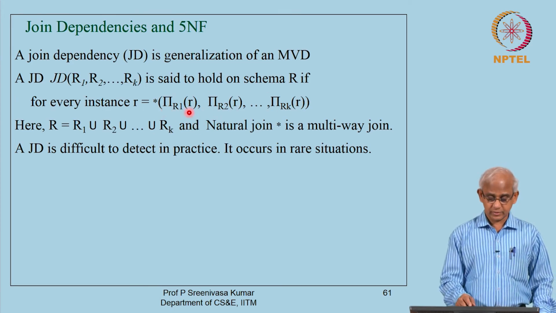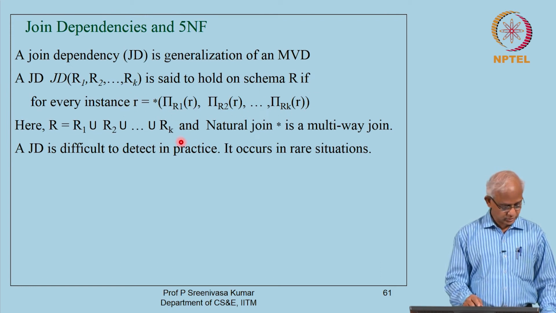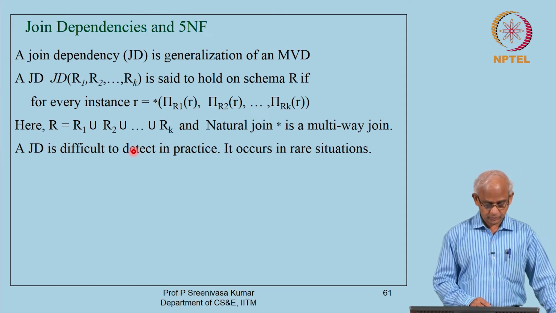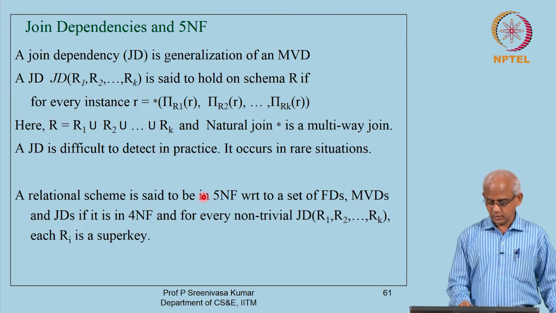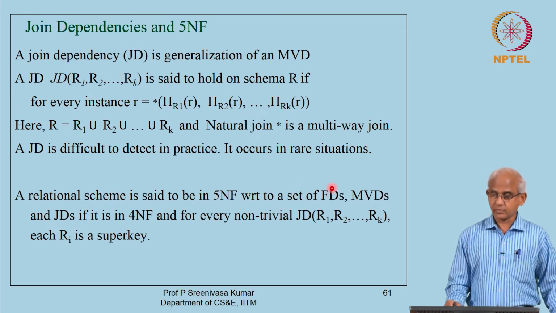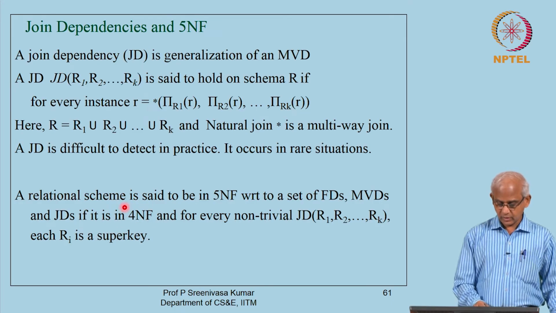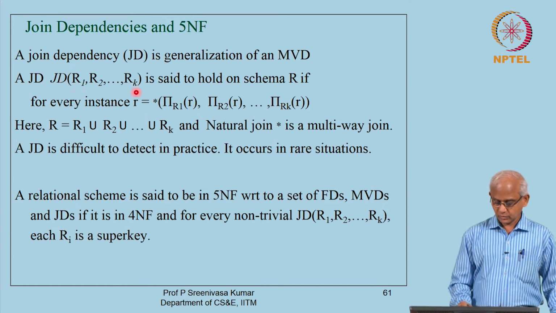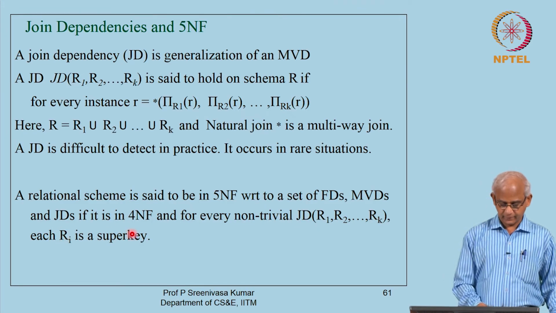So, in some rare situations this kind of a condition might hold, and in such situations we will define the normal form. So, a relation scheme is said to be in the fifth normal form with respect to a set of functional dependencies, multivalued dependencies and joint dependencies, if it is already in fourth normal form, and for every non-trivial JD R1 R2 Rk, each of these Ri's is a super key.